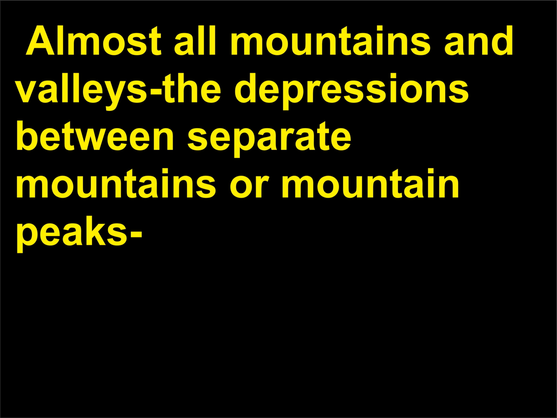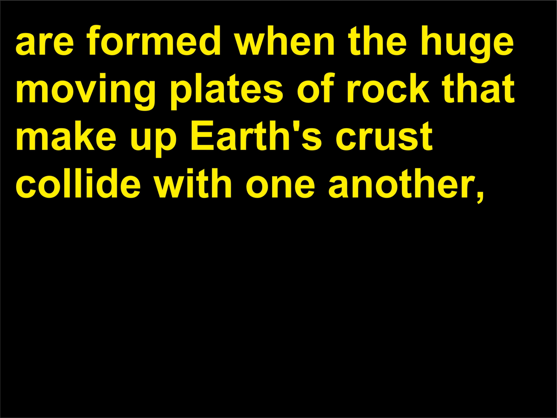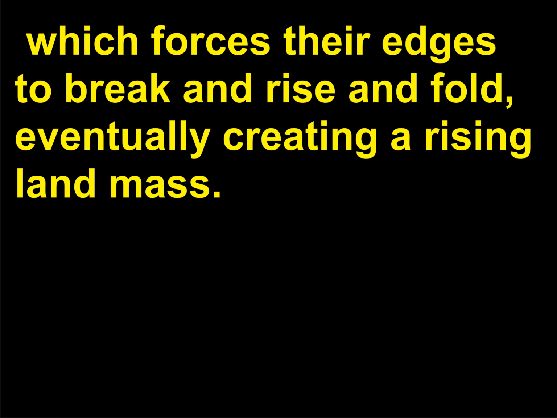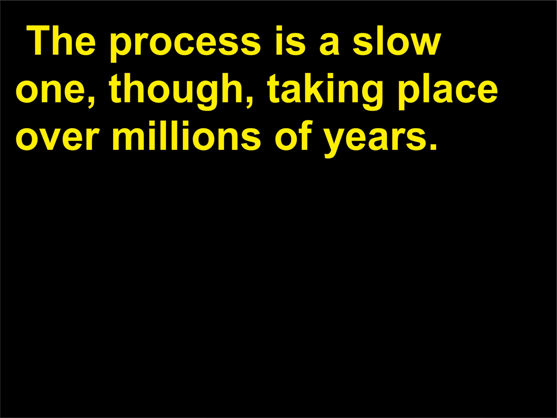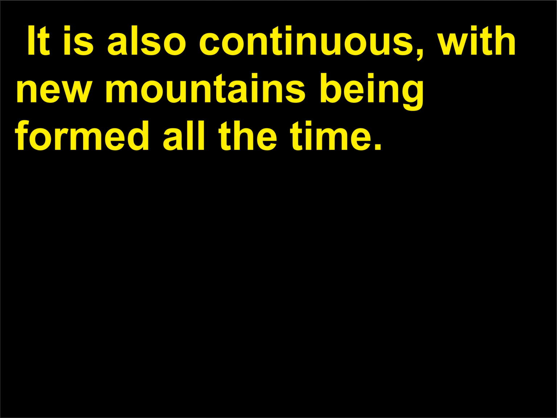Almost all mountains and valleys, the depressions between separate mountains or mountain peaks, are formed when the huge moving plates of rock that make up Earth's crust collide with one another, which forces their edges to break and rise and fold, eventually creating a rising land mass. The process is a slow one, though, taking place over millions of years. It is also continuous, with new mountains being formed all the time.